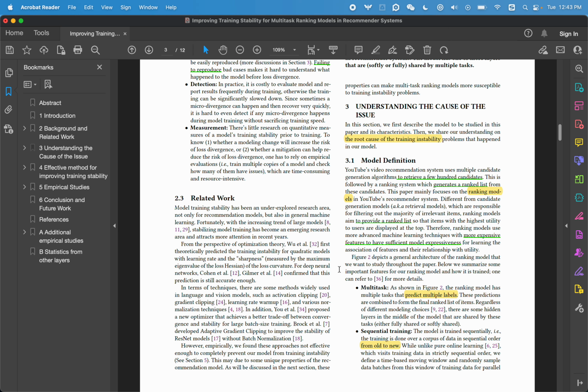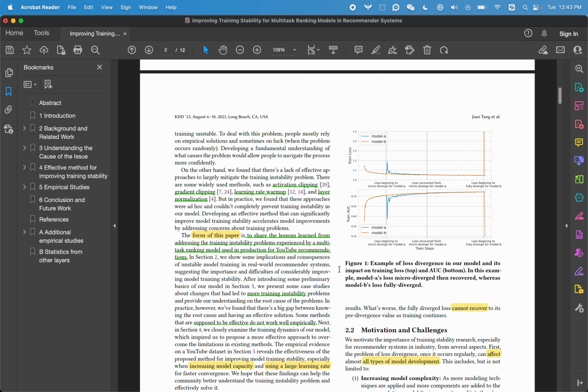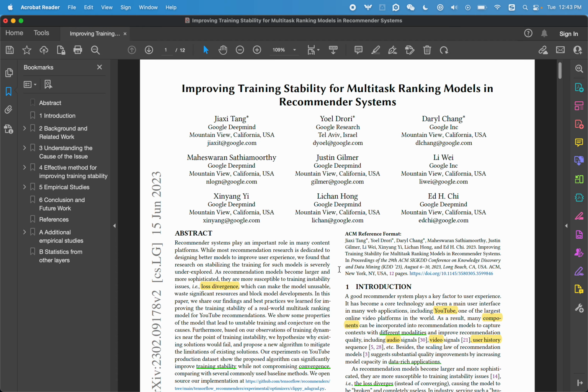I'm very much looking forward to the answer: why is there a discrepancy between the paper and the code, how they actually deploy it, and how far my interpretation is from the understanding of the paper.